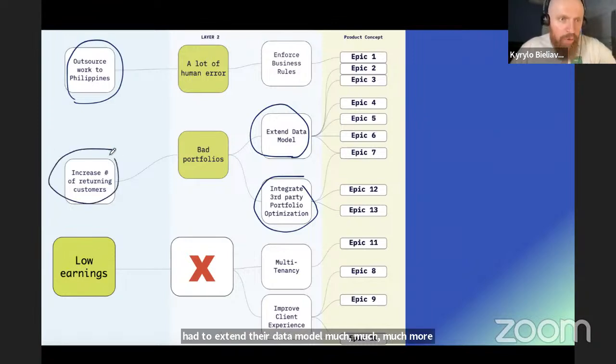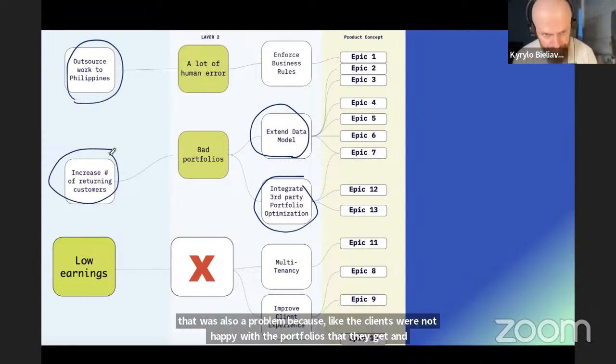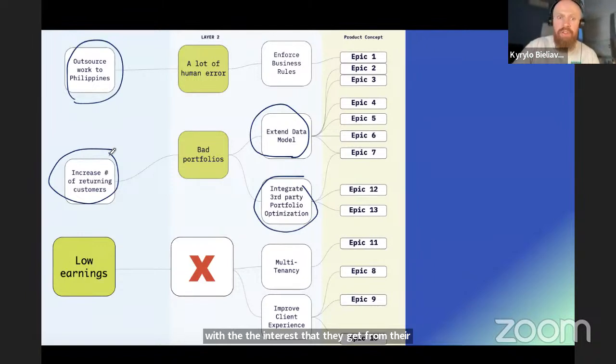And that would increase the number of returning customers, because that was also a problem: the clients were not happy with the portfolios and the interest they got from their investments, and they were not returning. Eventually it turned out that this was less important, and we took it out of scope.